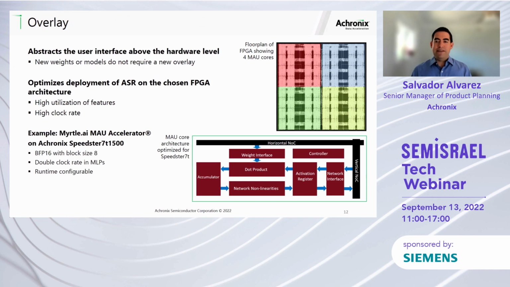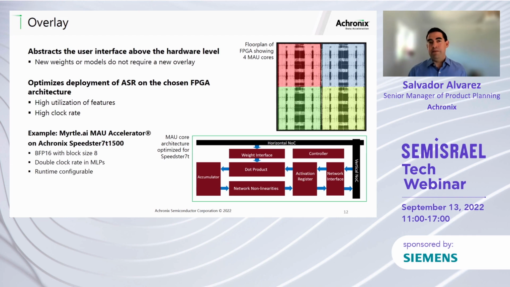For most software developers and machine learning data scientists, designing an FPGA is out of the question because it requires specialized hardware design skills, and a good understanding of FPGA architectures. To make FPGAs accessible to these communities, the design interface needs to be abstracted to a much higher level.